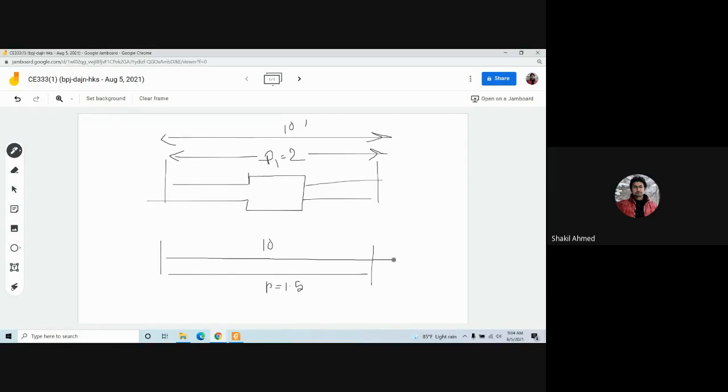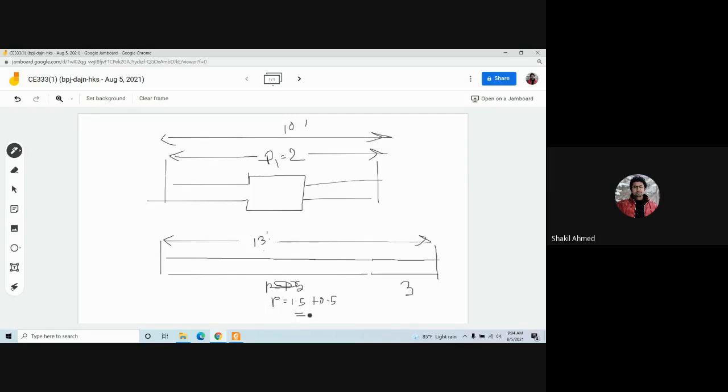Now, if we increase the length, for example, 3 feet, then total it becomes 13 feet. Then P will increase, right? For this 3 feet increase, P has increased by 0.5 again.